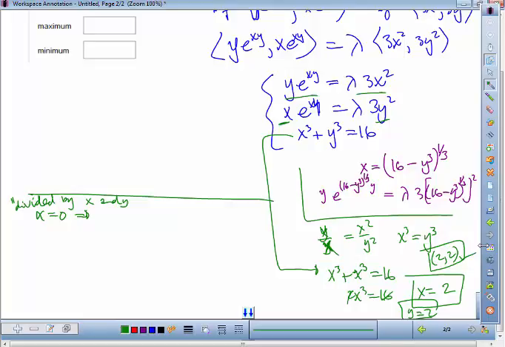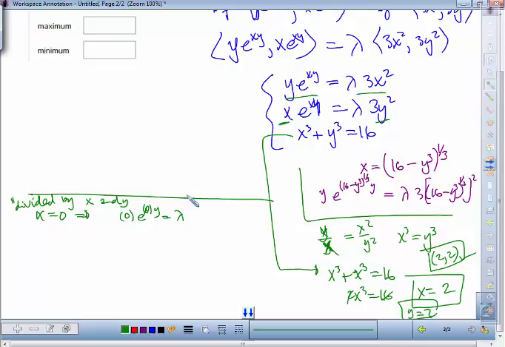If x does equal 0, we'll take a look at the first equation or the second equation. We have 0 equals 0. Let me write that out more formally. I'm looking at the second equation, e to the 0 times y is equal to lambda times 3y squared. Lambda, by the way, is non-zero.